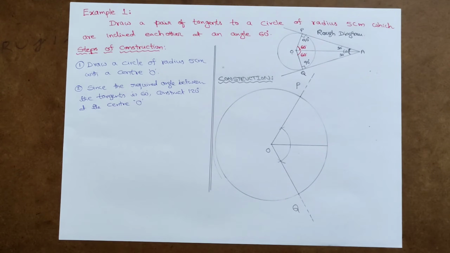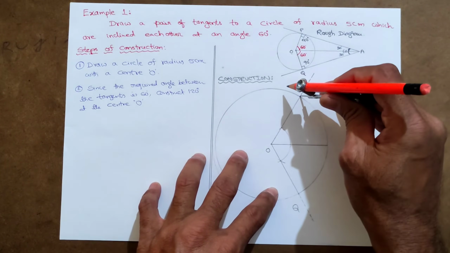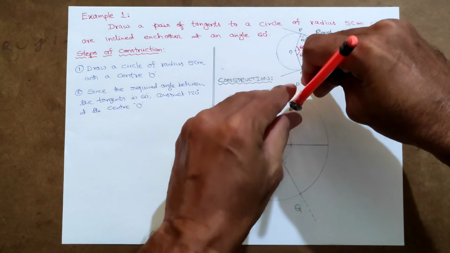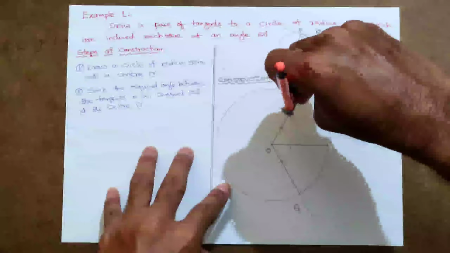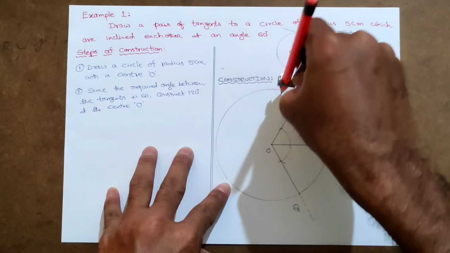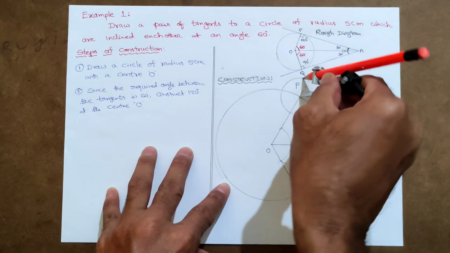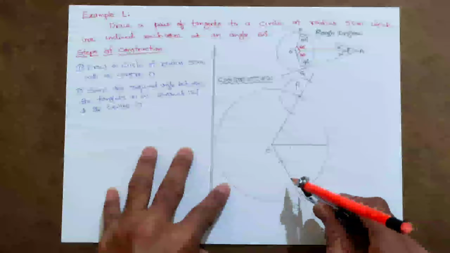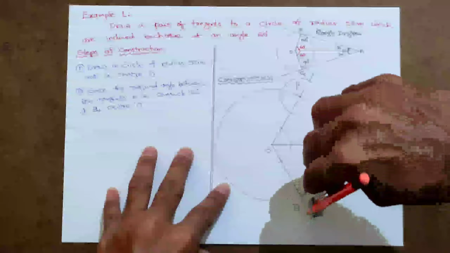It means we have to construct perpendicular, means we have to draw perpendicular at P. See here, 90 degrees perpendicular means just bisecting 180. It is 180. From here, same way here also at Q let us draw 180.